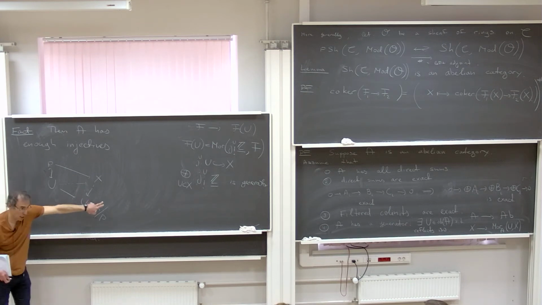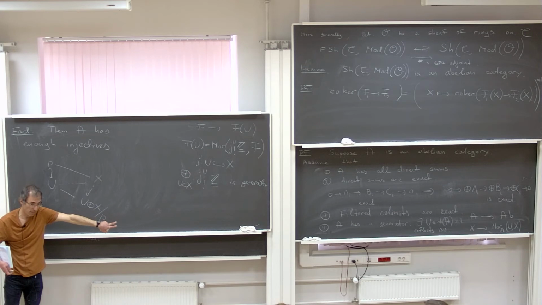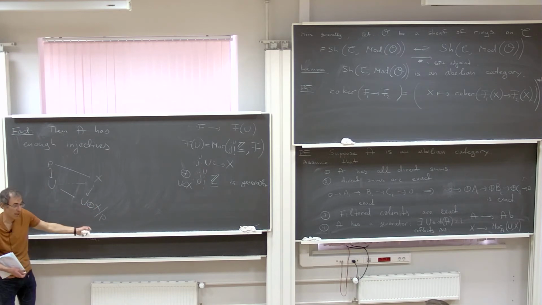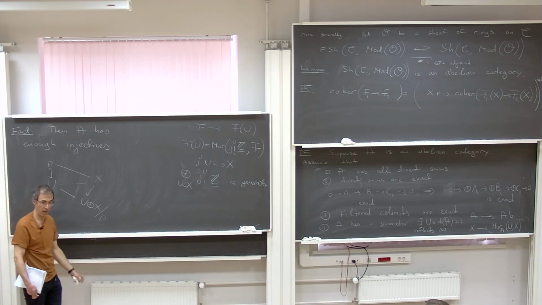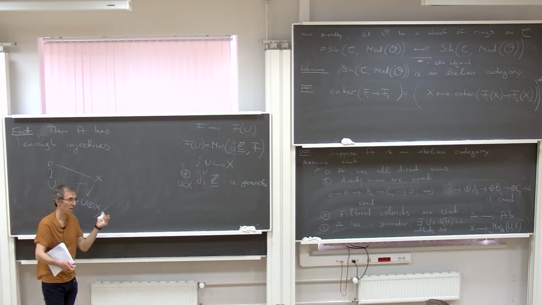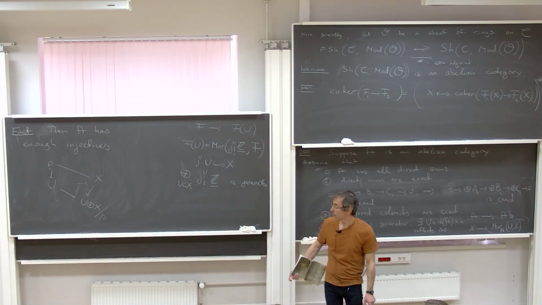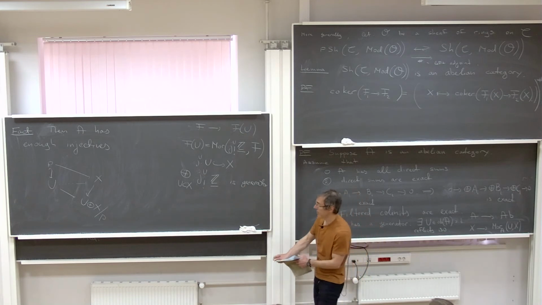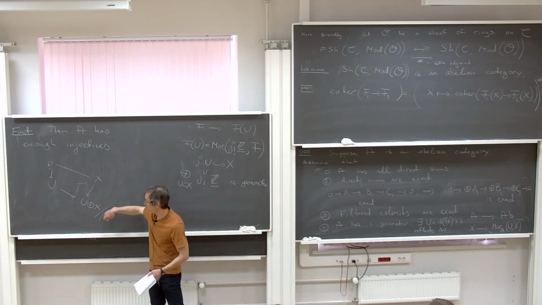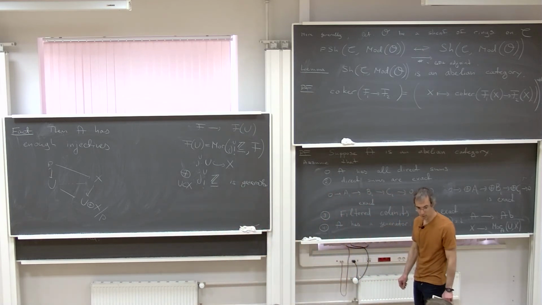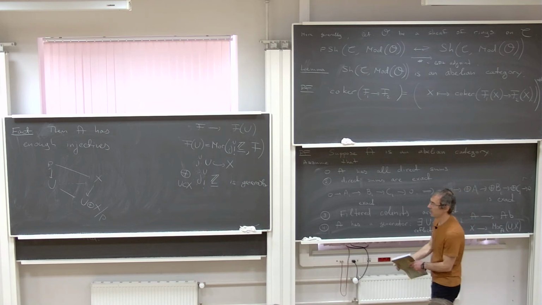Of course, this larger object need not be injective, so there might be some map from another subobject of U, say P prime, to this object, which does not extend to a map from U. But then you can apply this construction again, and so the injective hull of X is defined as a certain colimit over a diagram of these types. Okay, that's Grothendieck's deconstruction.